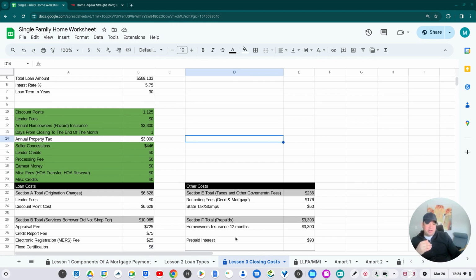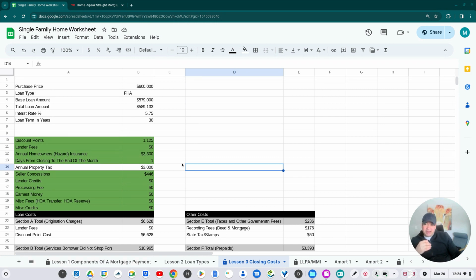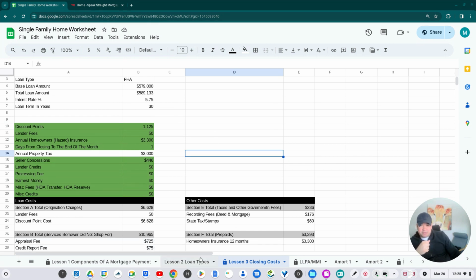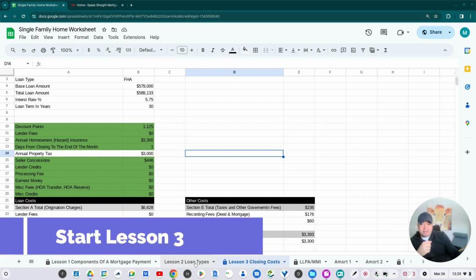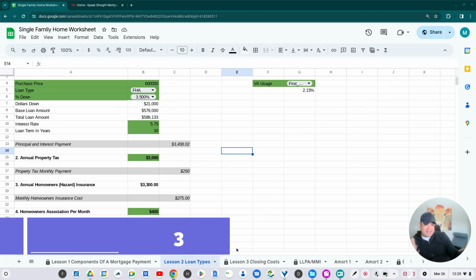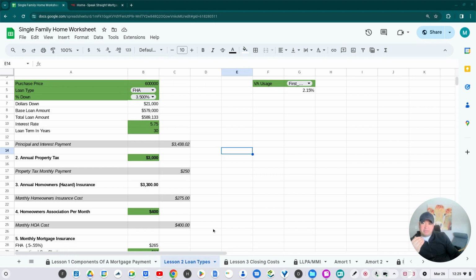Just like the other sections, you only enter information in the green boxes. So we're going to start out going back to the second tab, which was loan types, just to go over what we're putting. We're putting $600,000 for the purchase price in this case, but you can enter whatever your actual purchase price is.